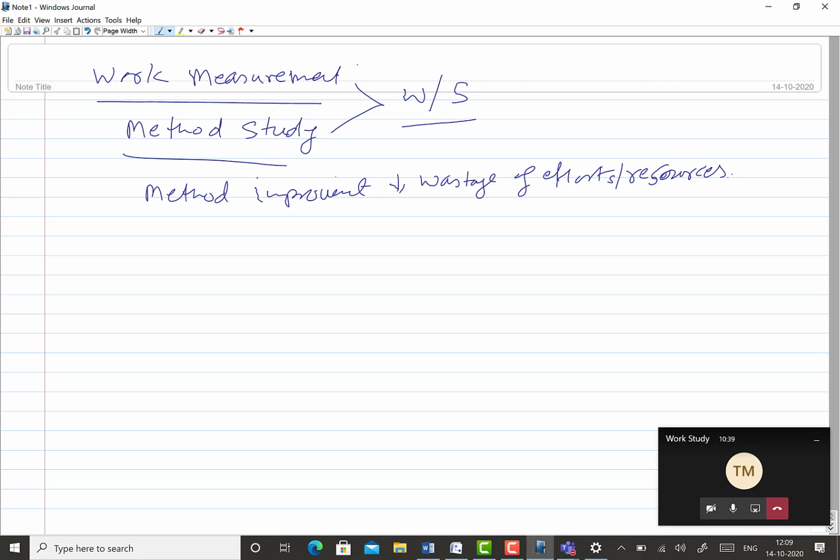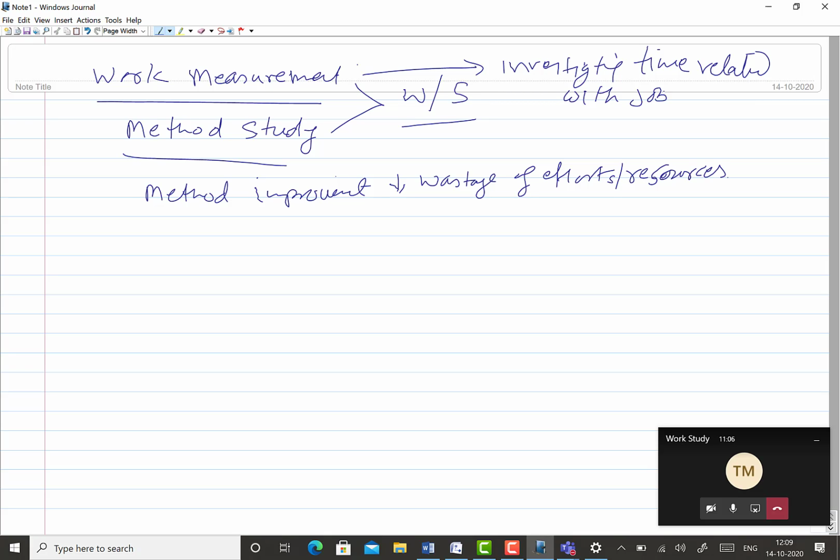On the other hand, the work study primarily involves investigating the time related with the job. But when this time is investigated, we find that there are so many things which should not have been there.